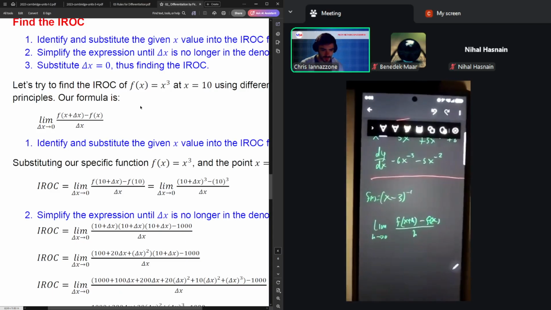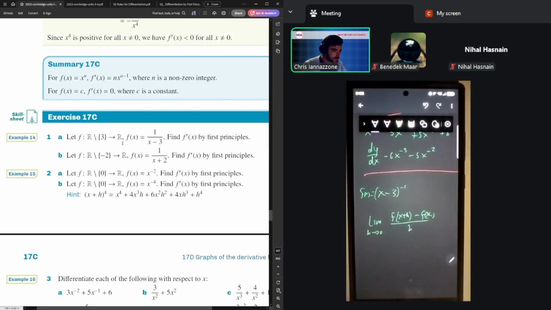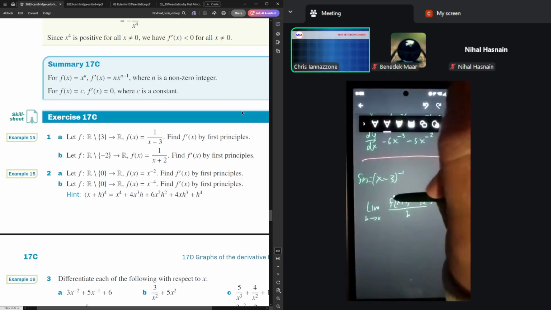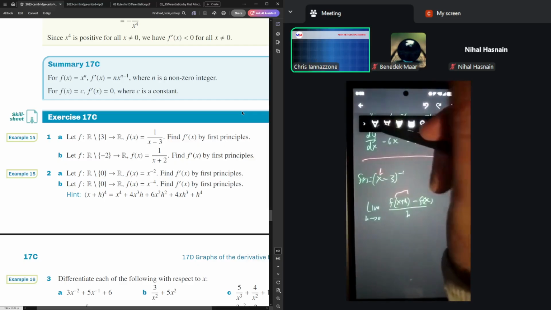That's pretty much where you'll start in all of these. Now, it doesn't give you any specific starting point. It doesn't say find the gradient at x equals 3 or anything. It just says find f dash by first principles. What that means is we're not going to be subbing in an x value, we're doing it purely algebraically. So this statement here, f of x plus h, just means replace every instance of x with x plus h.